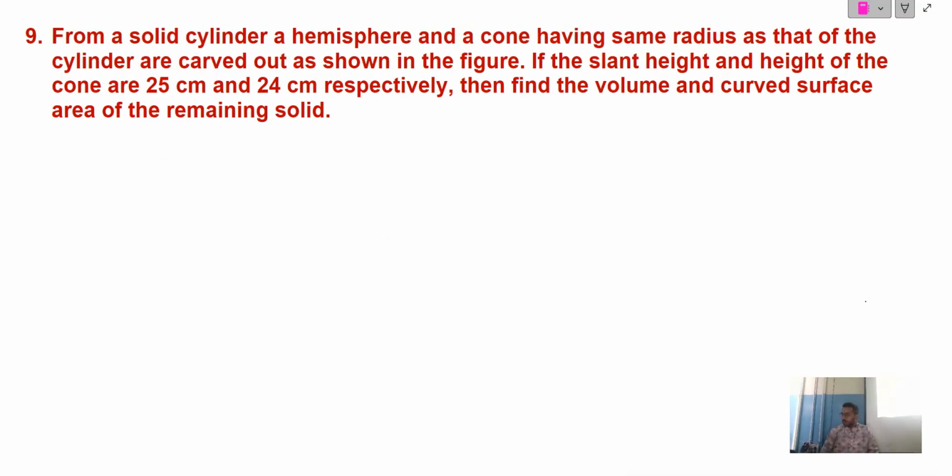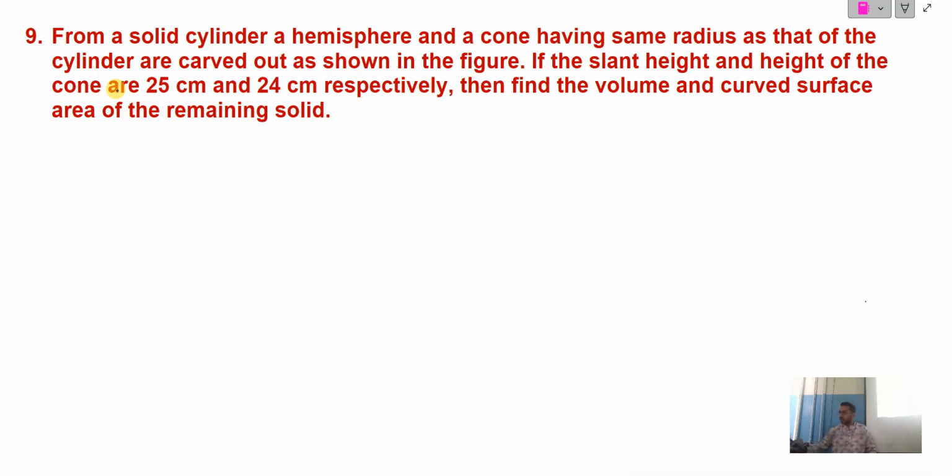So here the problem is given in this form. We have one cylinder. Let me draw one cylinder. From a solid cylinder, from one side a hemisphere and from the other side a cone are carved out.